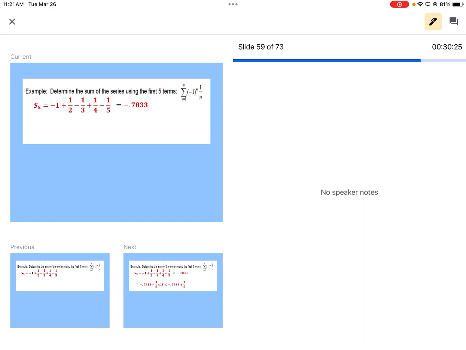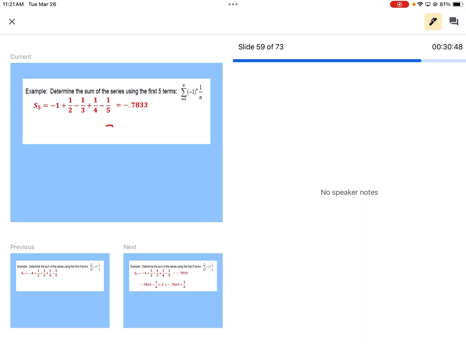So now I want you to think about, how do I set up my range of values that the true sum falls between? What do we know? The true sum falls between what? Okay, so the next omitted term would be 1/6, right?